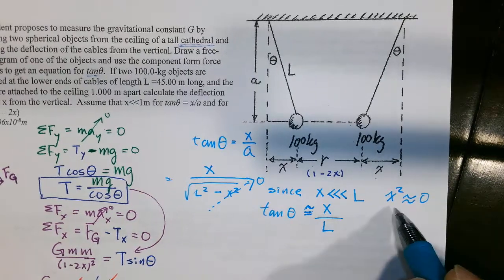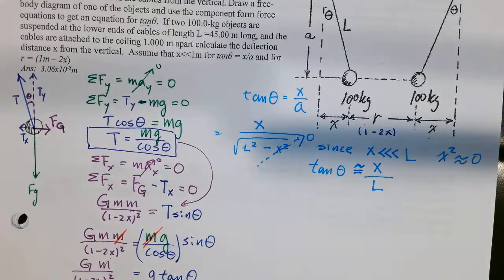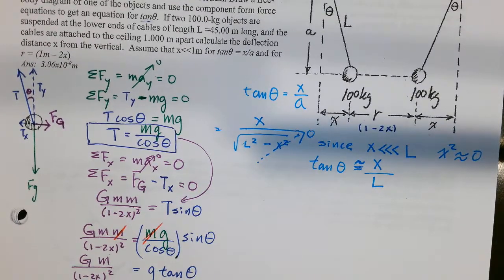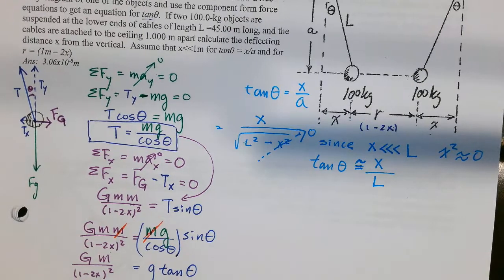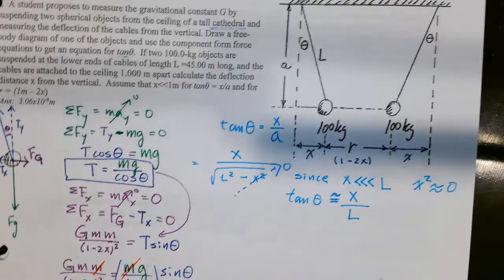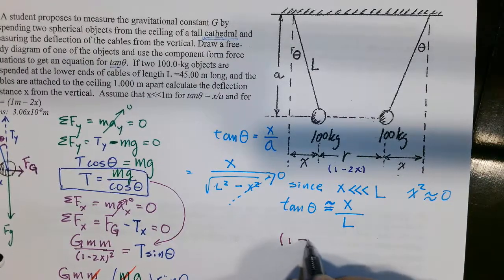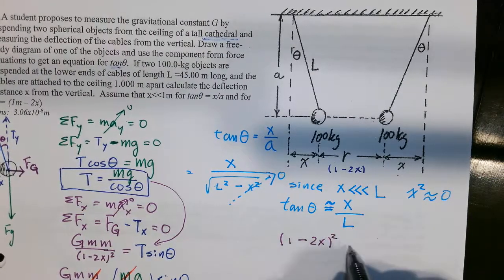If this is true, we can substitute x over L in here. So we're going to have g times x over L. On this side, this is basically the same as 1 minus 2x quantity squared.